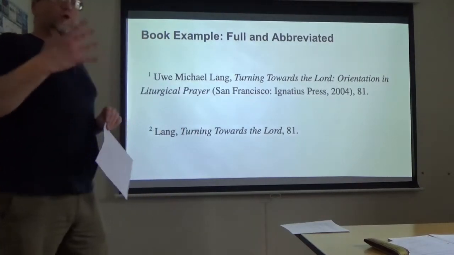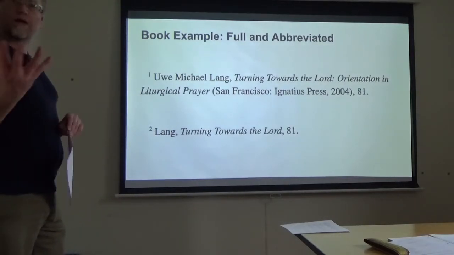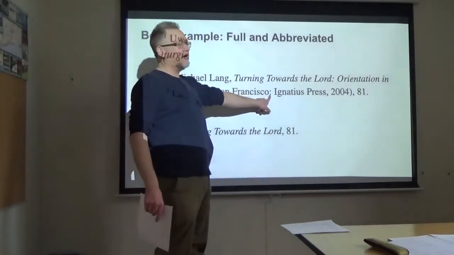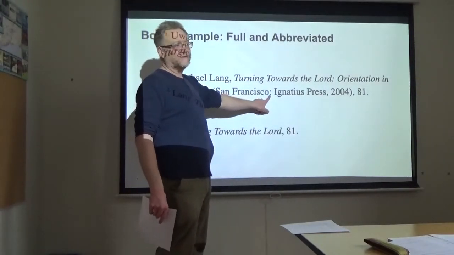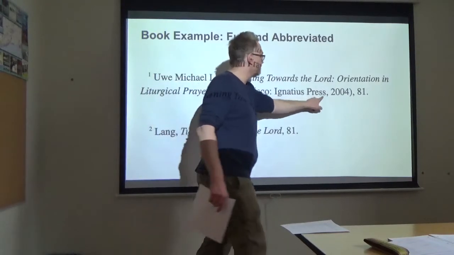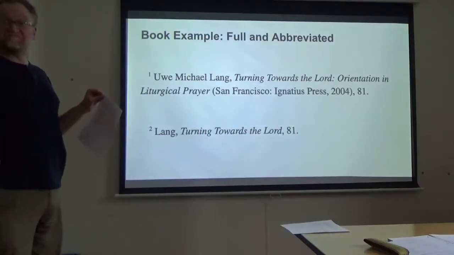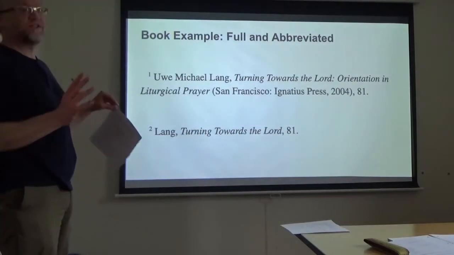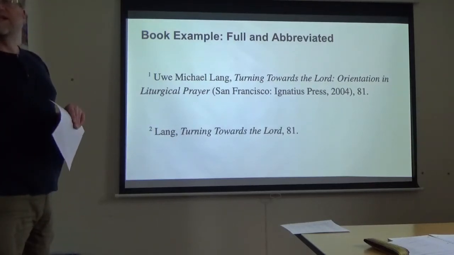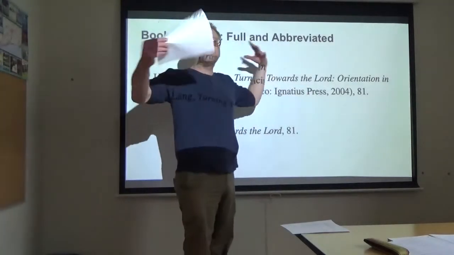And then what is this? The location of publication. The city where the company is located, the main offices, I guess. And there is a what? Colon. And there's a what? Space. And then what is this? That's the name of the company. This is the publication company.